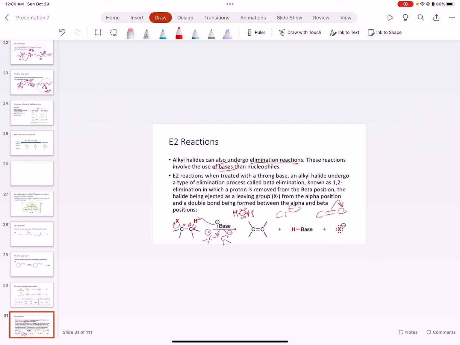This one goes negative, so this one becomes our nucleophile, and this one becomes our electrophile because it's positive. So that one could technically be a nucleophile, but it can also work as a base.